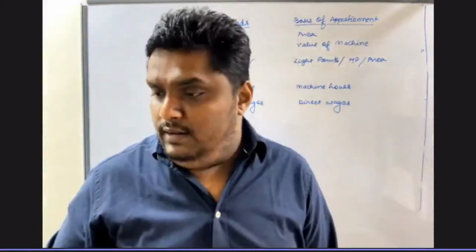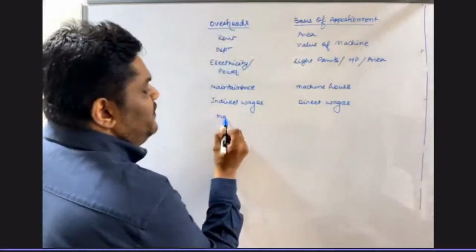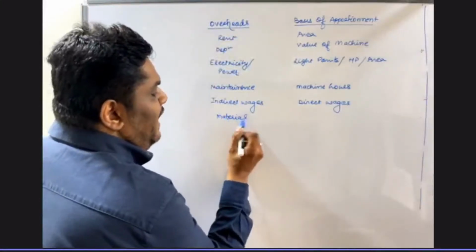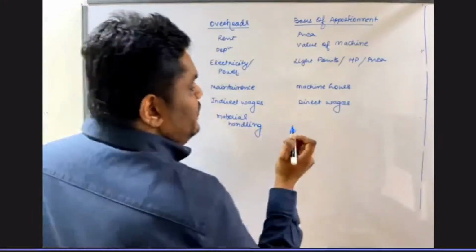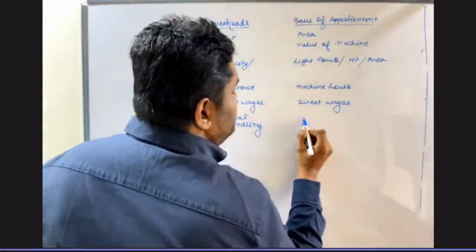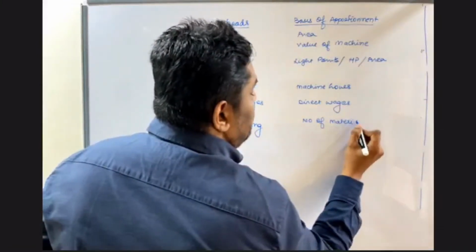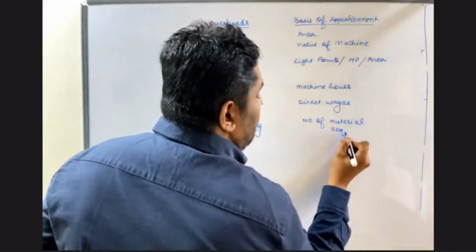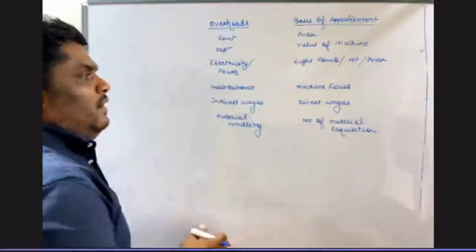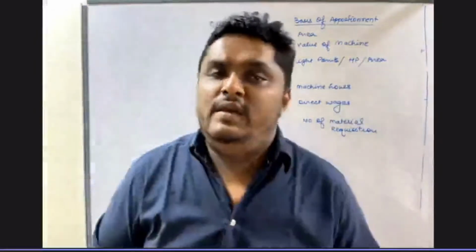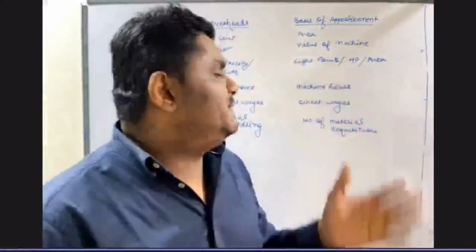Further, if any information is given as regards material handling, then we will distribute it on the basis of number of material requisitions. So these are a few examples wherein these overheads are distributed on the basis of these bases.